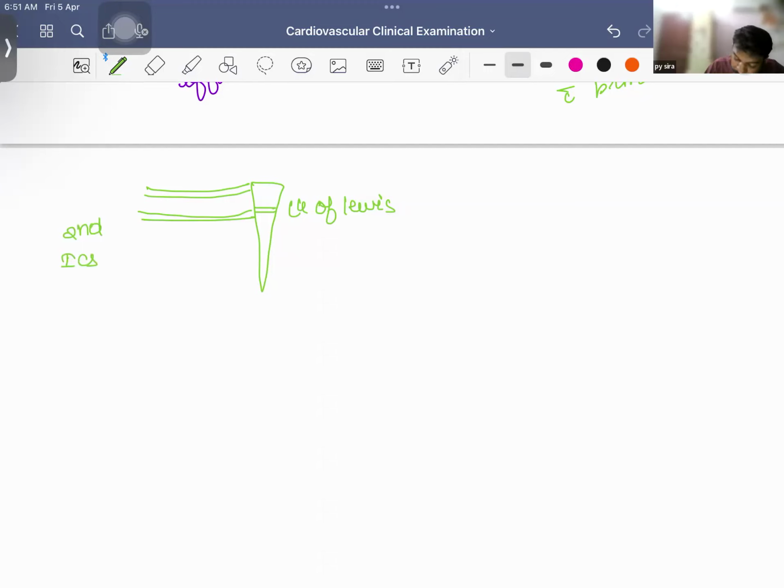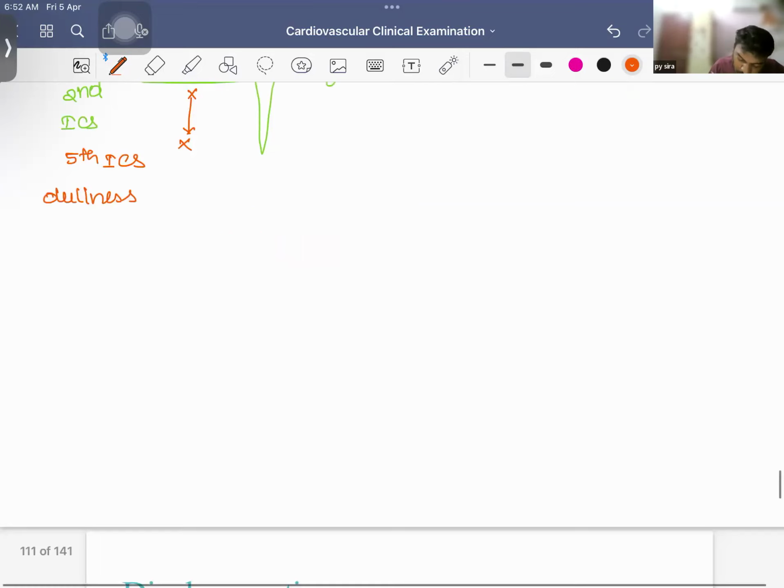So you start your percussion from the second intercostal space and go towards the fifth intercostal space. In the fifth intercostal space, you get a dullness. Now you tell the patient to inspire.